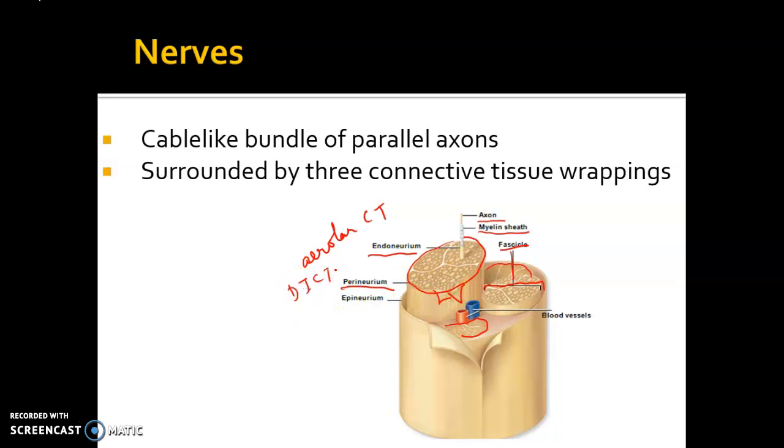And if you look at the entire nerve, the whole big nerve, that remains surrounded by this covering, and this covering is called epineurium. So axons remain covered by endoneurium, fascicles by perineurium, and the entire nerve by epineurium.